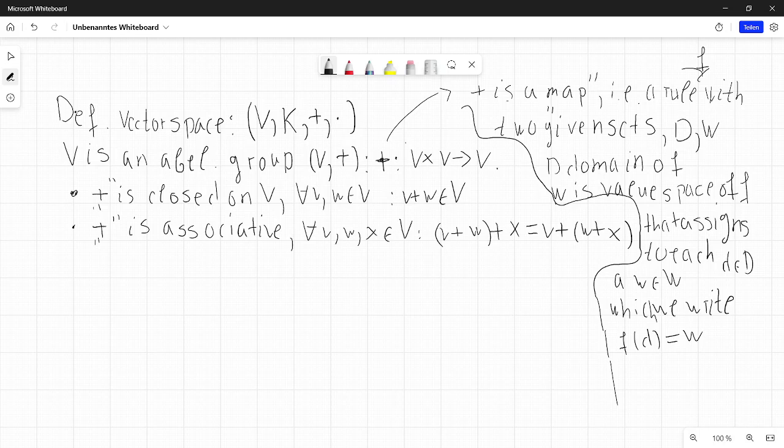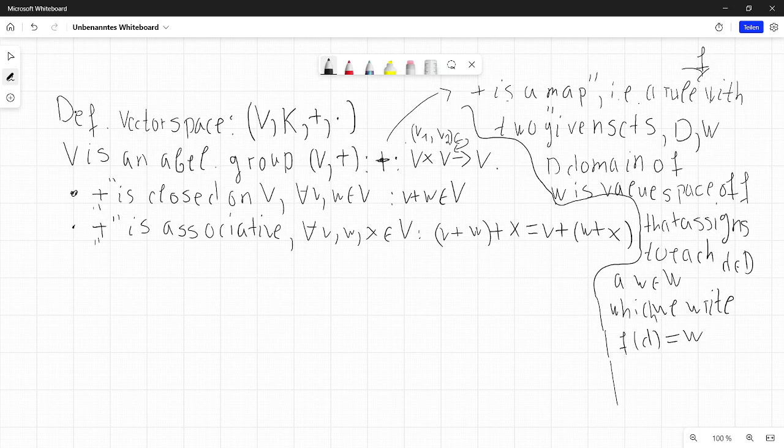So now this plus, for example, is a map that takes a pair. This is the set of all pairs of the vectors in V. So an element of this would be just an element like (v1, v2), where v1 is any vector in V and v2 is any vector in V. Right. (v1, v1) would be also possible, so it could be the same vector.